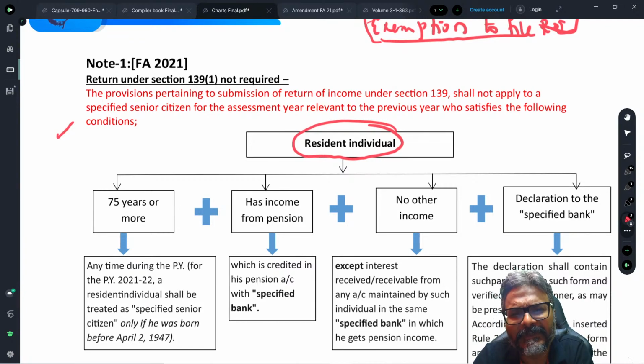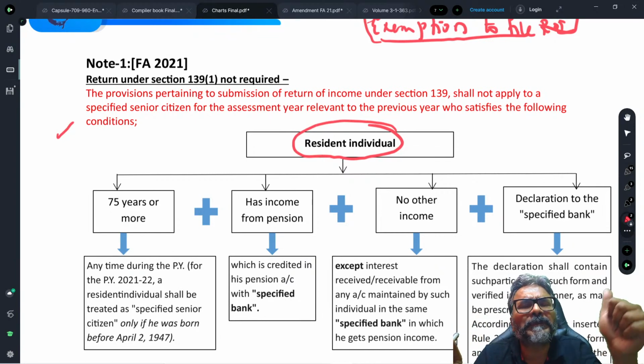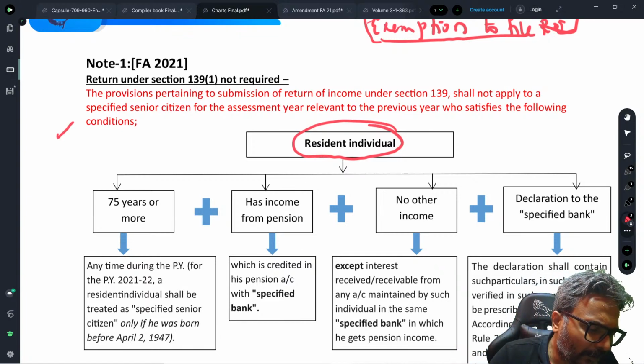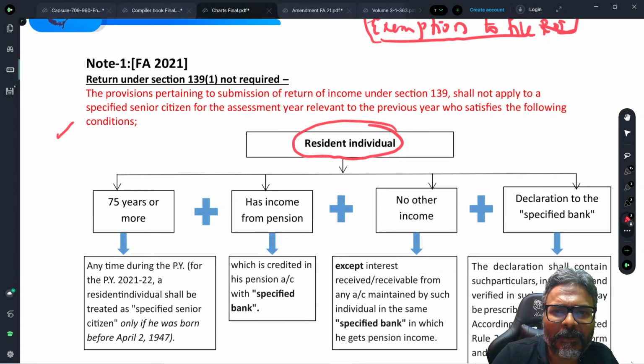And yes, if they are depositing in the specified bank, obviously there can also be one more income in consequence of such deposit, and that is the interest on such deposit of the pension with that specified bank. So there could be a pension and the interest arising on that pension on account of the deposit made in the specified bank.